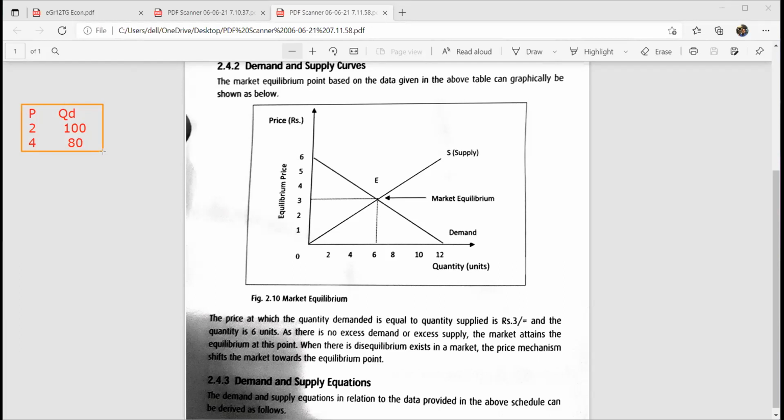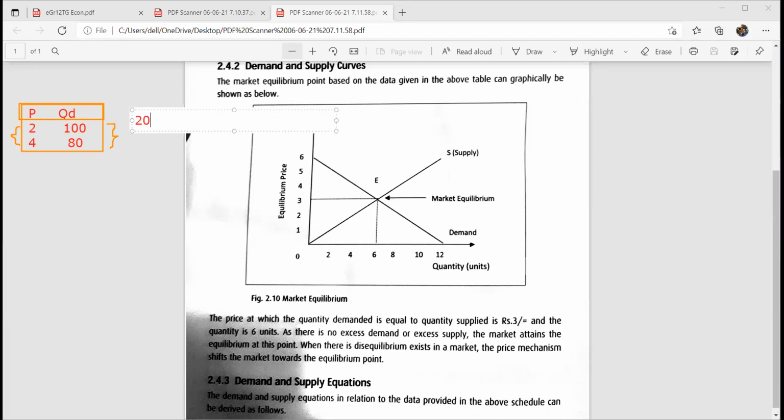Later on, we have to calculate the price elasticity of demand as well. Then we have to look at the percentage change in quantity demanded and the percentage change in price. How do we calculate? Take the difference.